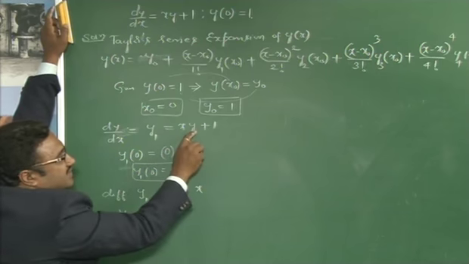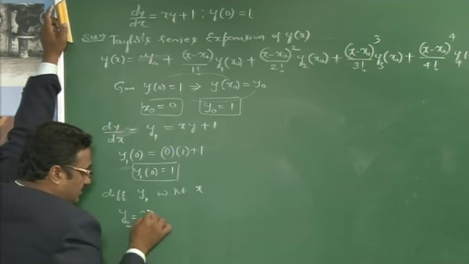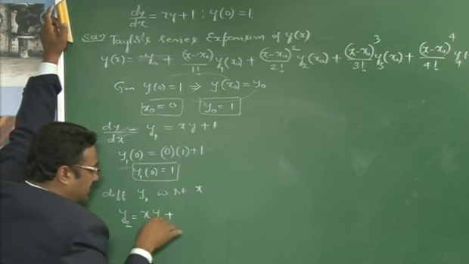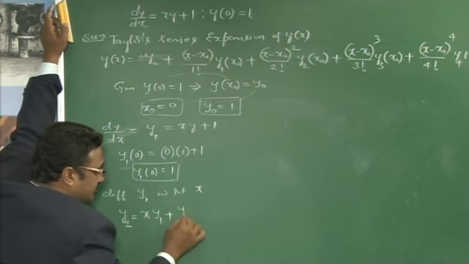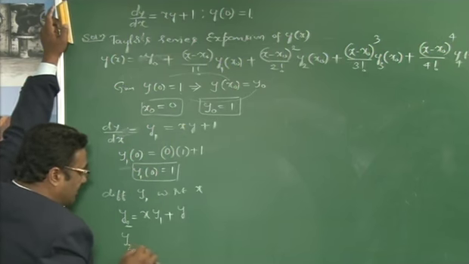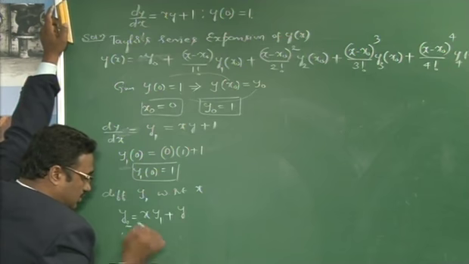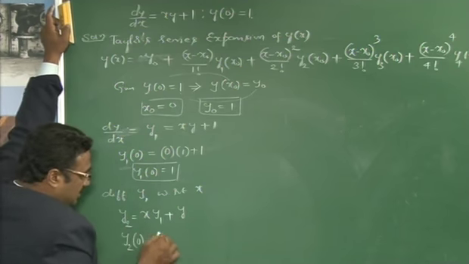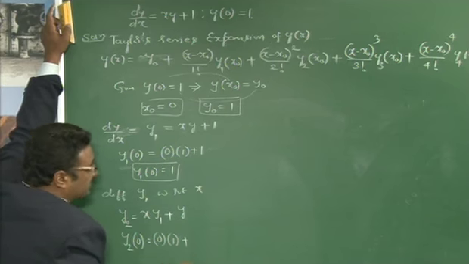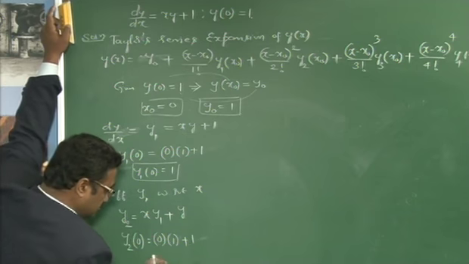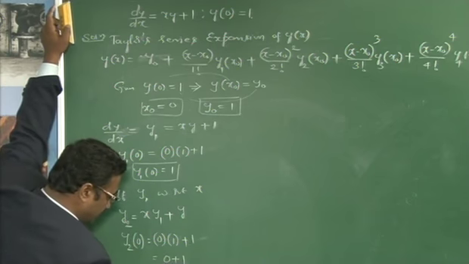The product rule applies here: first into second plus second into first, and the derivative of 1 becomes 0. Again y2 at the point x0 equal to 0: x0 is 0, the y1 is 1 plus y0 value is 1, so we have 0 plus 1, and y2 of 0 is 1.